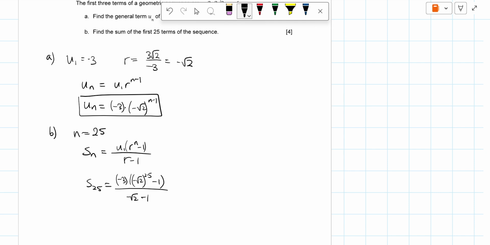Bracket -3, close bracket, multiplied by open bracket, another bracket, negative square root 2, close bracket, to the power of 25 minus 1, close bracket, divided by open bracket, negative square root 2 minus 1, close bracket. So I think the answer comes out to be S25 is approximately negative 7,199.39.